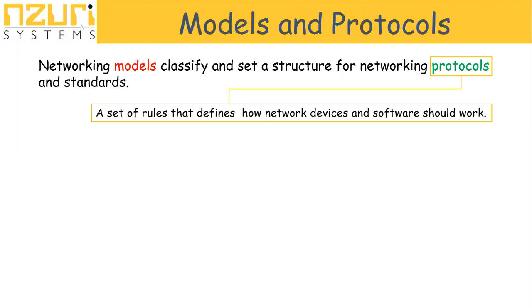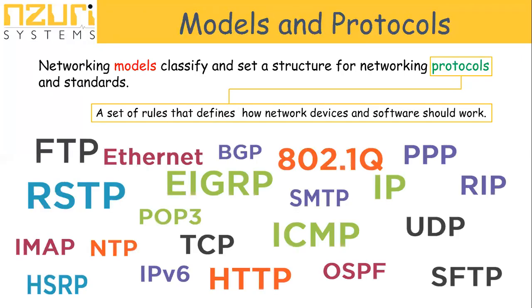But in this course, we'll be dealing with a lot of protocols out there, some of which we can see here, like FTP, BGP, 802.1Q, EIGRP, RSTP, POP, SMTP. These are all various protocols that we would deal with.